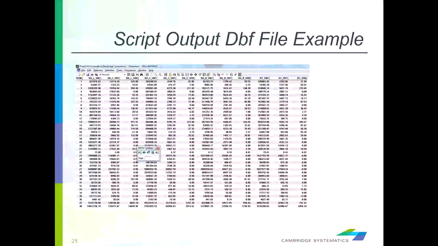And then this is just an example of the output DBF file with the region as the rows going down. This example was for Georgia. And then going across, the columns are the VMT, delay, VHT, and trips by leisure, commute, business, and trucks.